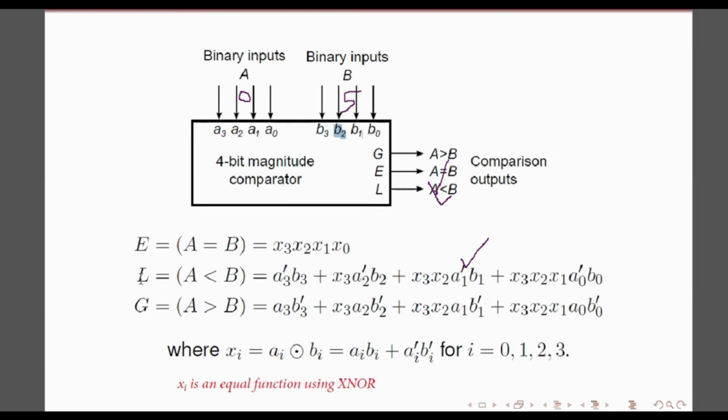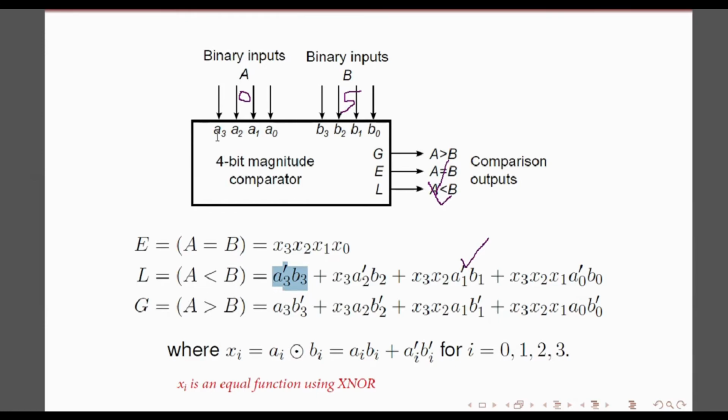So for example, if the function is for less, if A is less than B, what is the condition? You have to start from the MSB when you compare.